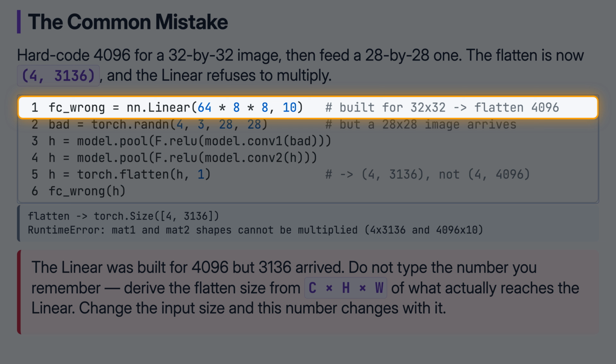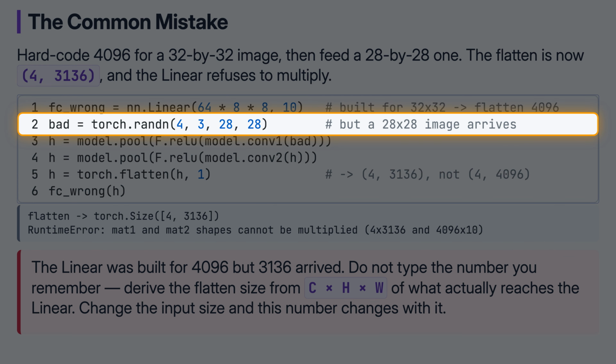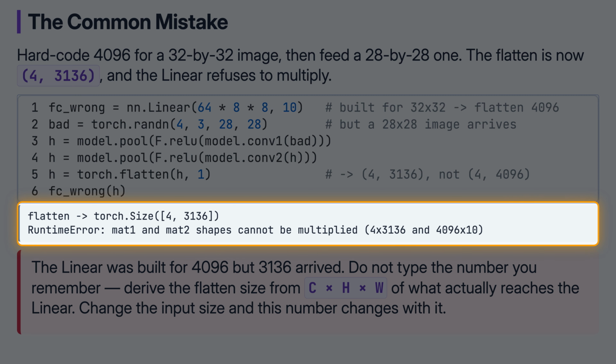Now the most common CNN mistake. Suppose you hardcode 4096 because that was right for a 32 by 32 image. Then a 28 by 28 image arrives instead. Run it through the same 2 blocks and flatten. Now the row is 4 by 3136, not 4 by 4096.